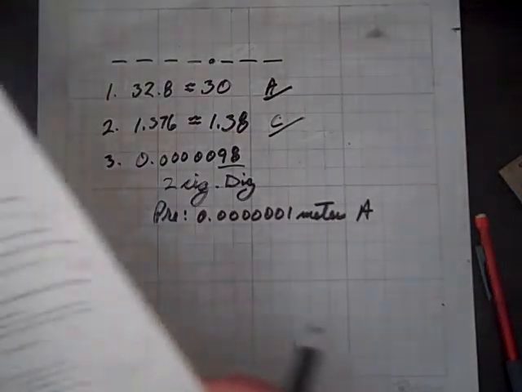So for 4, it says carry out the indicated operation and give your answer with the specified number of significant digits. And they want it done with 1 significant digit.